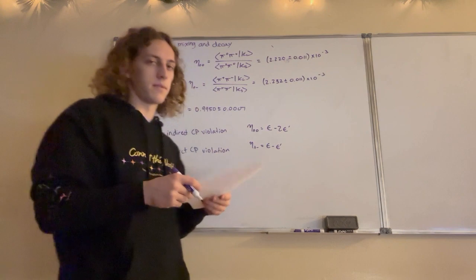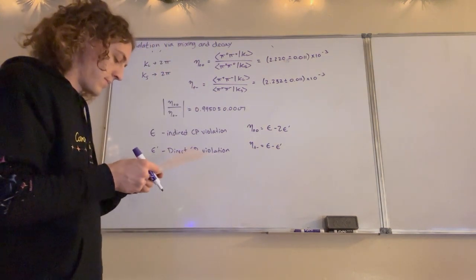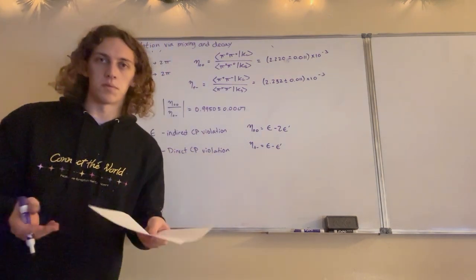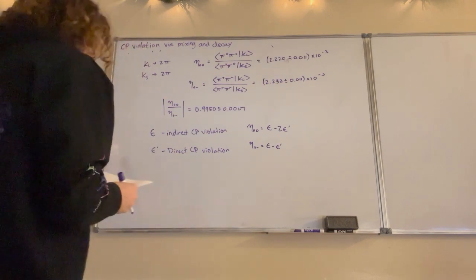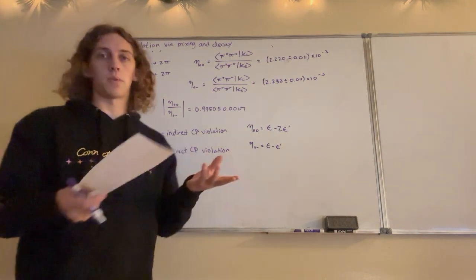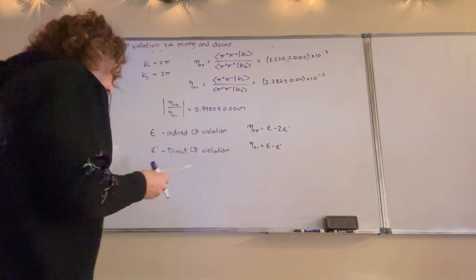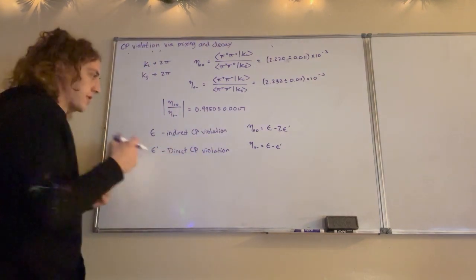So this is different. And this also has two sort of primary contributors to the diagrams. This is a first order weak process though. So this is specifically K to pi pi.